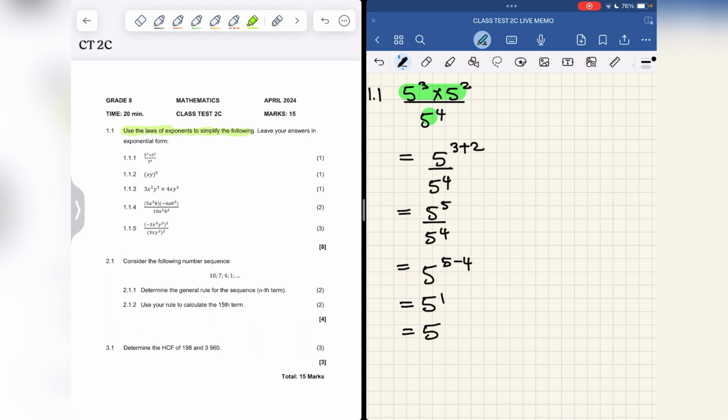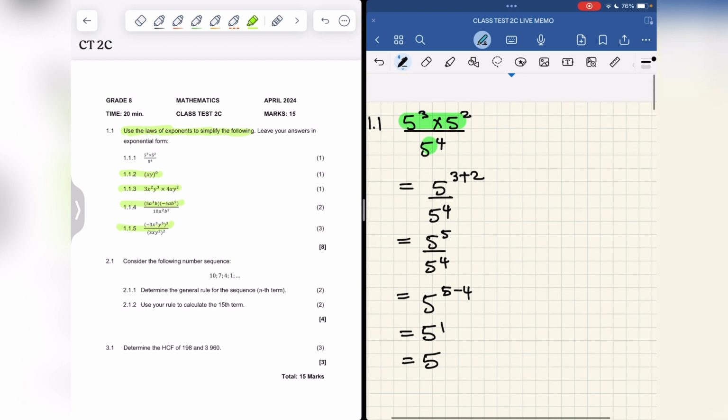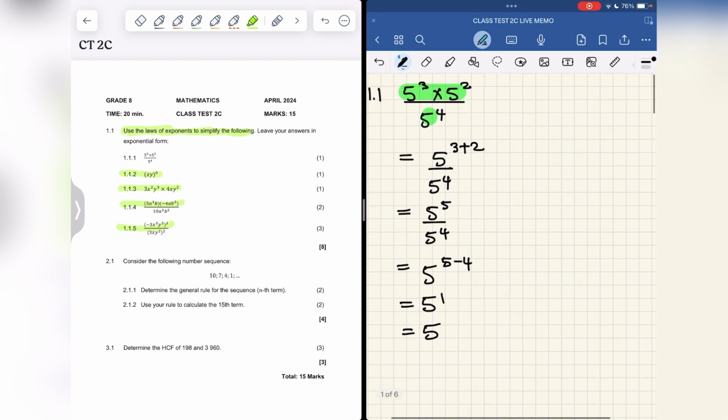And of course, when you get to problems like 1.1.2 all the way down, you will not be able to just use a calculator anymore because now you are forced to use the laws of exponents because they are only letters or variables. So please bear that in mind. Try to approach it like this, where you look at your numerator and denominator separately and try to simplify them using the laws of exponents and not just use the calculator.